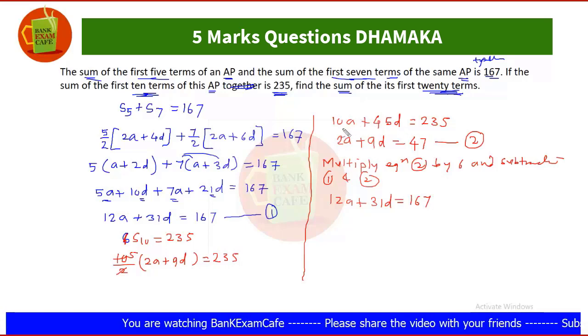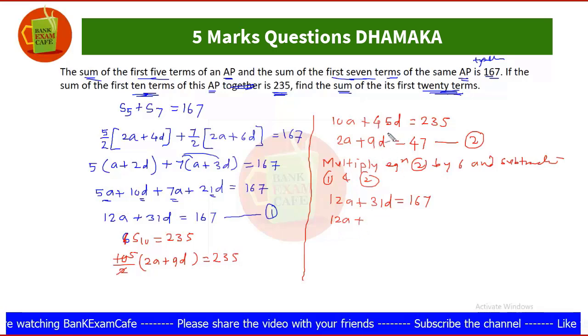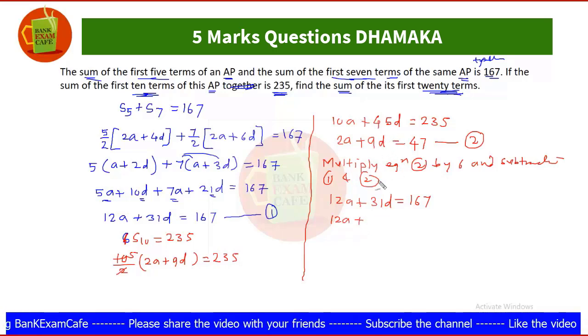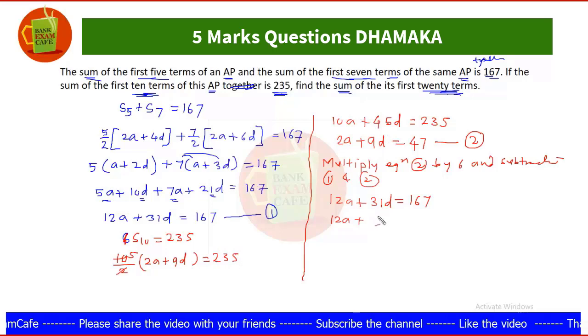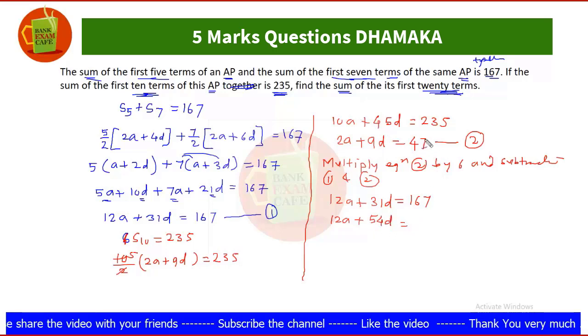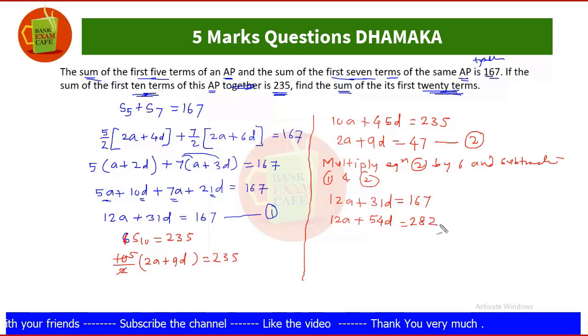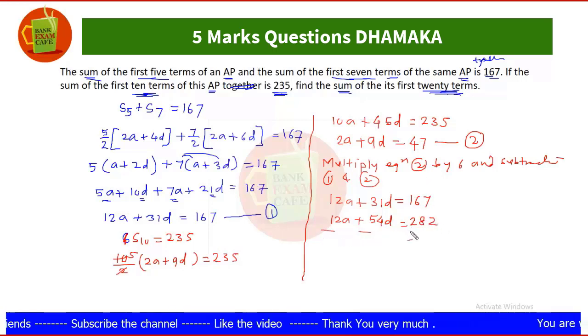This equation we are multiplying by 6, so it will be 6 2s are 12a plus 9 6s are 54d, which is equal to 47 into 6, that will be 282. So we are subtracting these two equations.